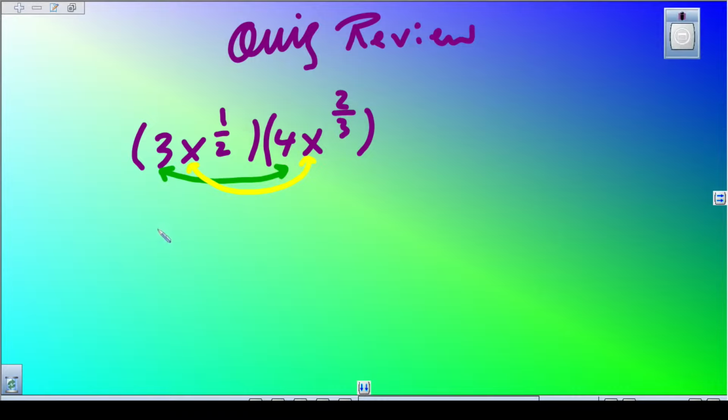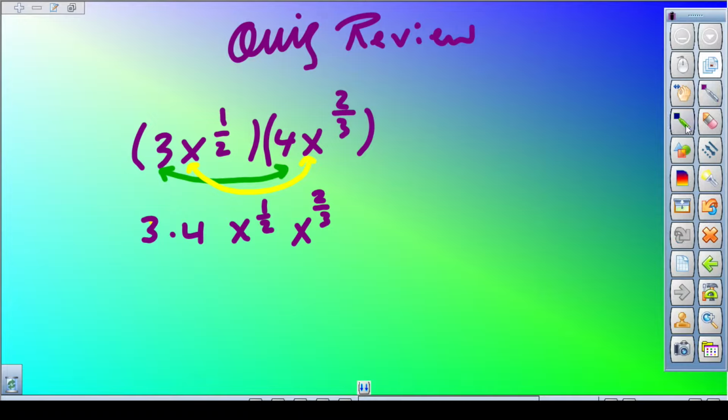If I take a look at the numbers, that's going to be 3 times 4 times x to the 1/2 times x to the 2/3. So how do I simplify that? I know 3 times 4, that's probably an easy thing for me to do. But what about the other one? How do I do the other one?